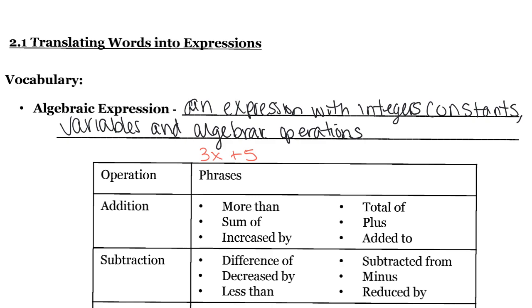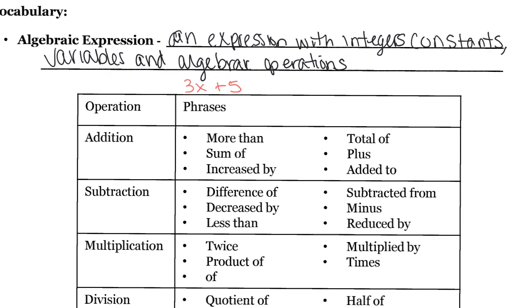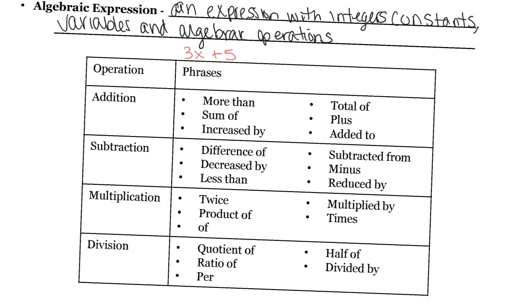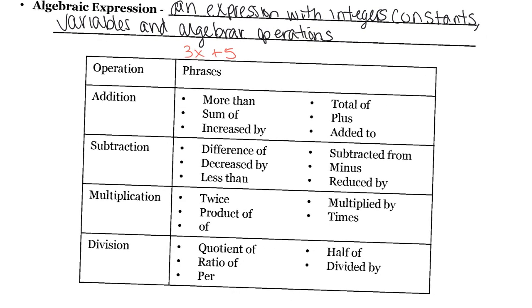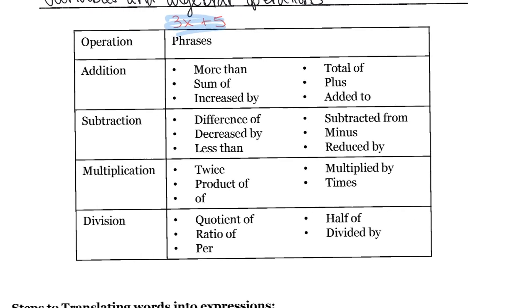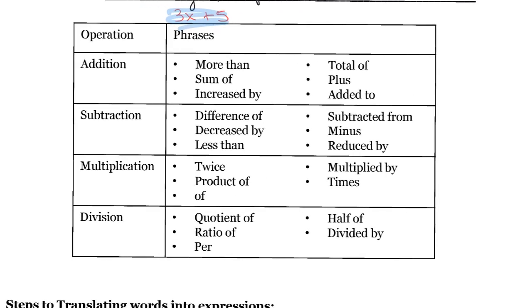So the point of this lesson is to take sentences and to put them into something like this. Okay, and we can do that by using these phrases above. So if it says more than, or sum of, or increased by, it means addition.